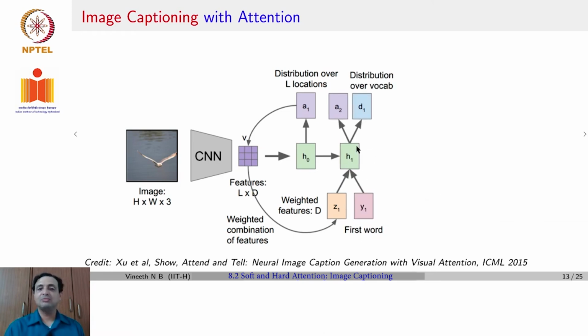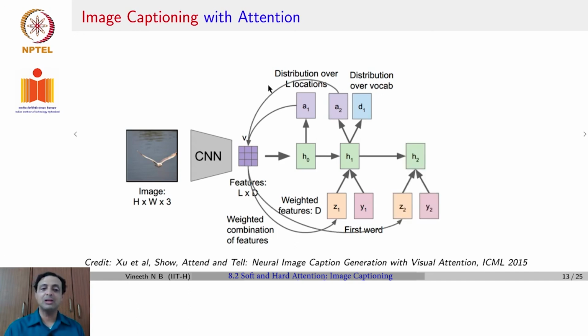Now H1, which is the hidden state of the next time step in the RNN, gives us two outputs. It gives us A2, which is once again a distribution over L locations, as well as D1, which is a distribution over vocabulary, which tells us what is the predicted word. What do we do with these two?